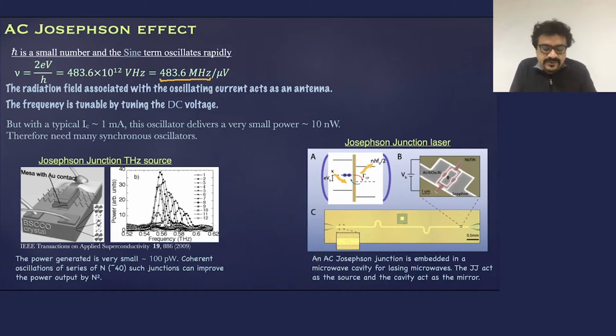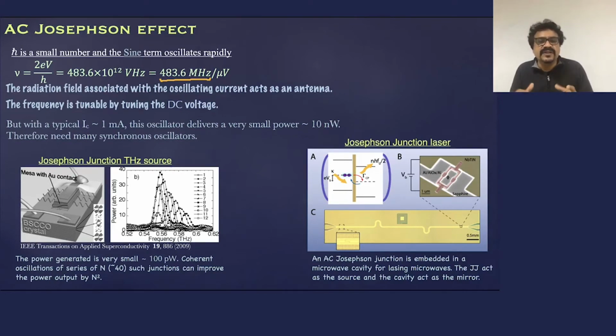So the maximum current is something of the order of a few microamperes, and the power delivered by this is actually in nanowatts. So it's a very, very low power that you are going to get out of this single junction.